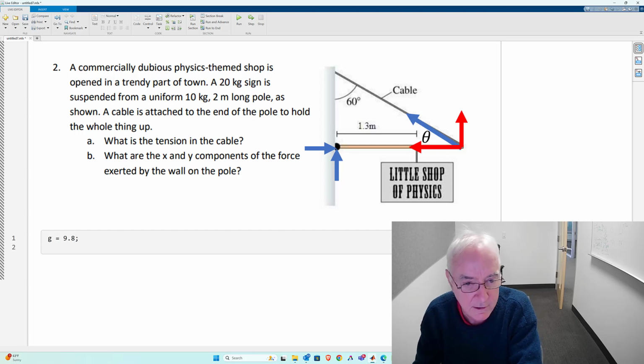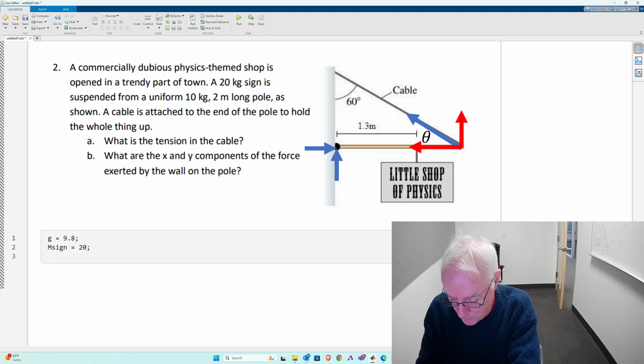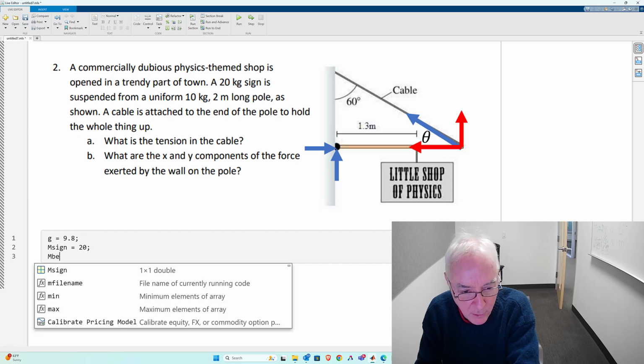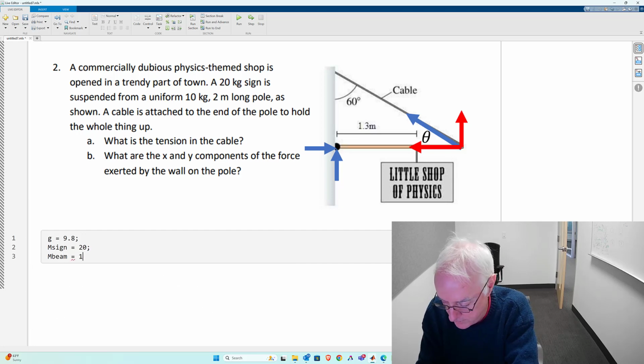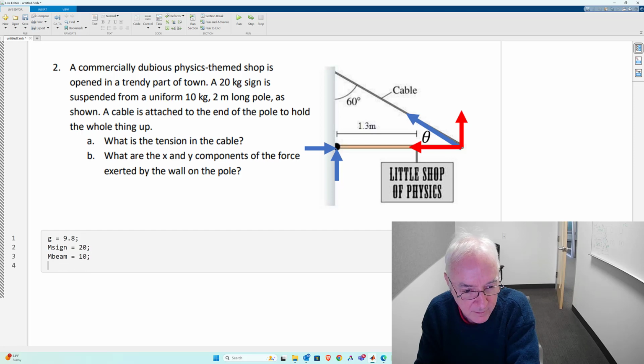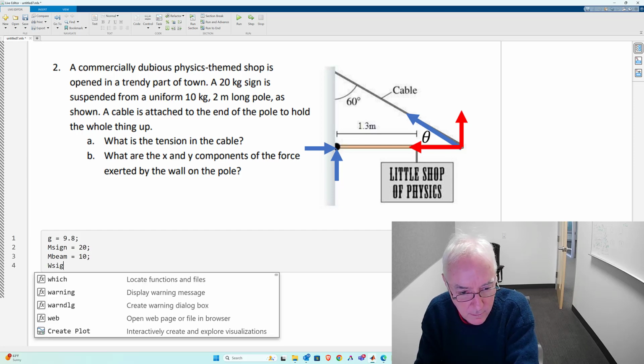Then we need to know the masses. So m sign is equal to 20, in kilograms. I always like to do things in metric because the units become way easier that way. Then m beam, I'll call the other one, is equal to 10. And let's do the weight calculations.